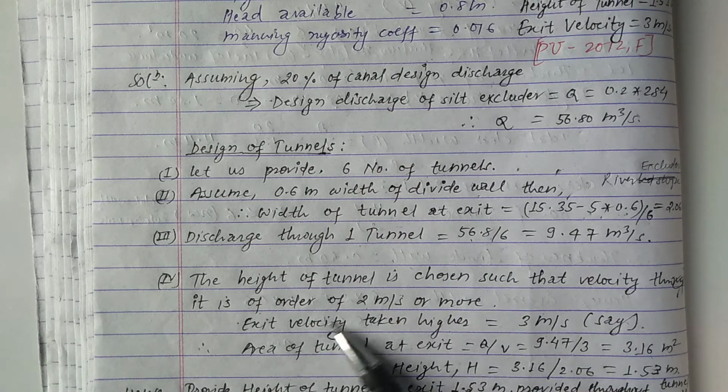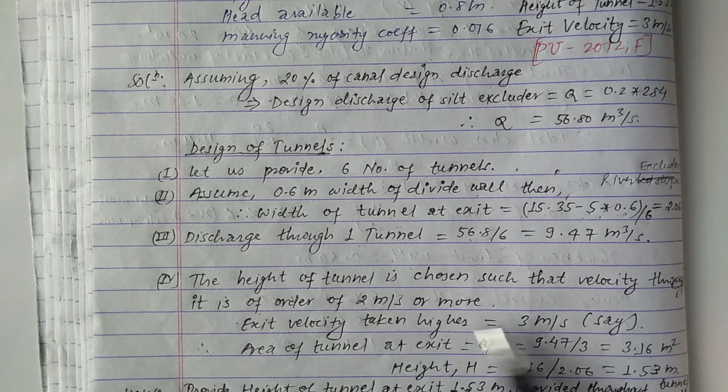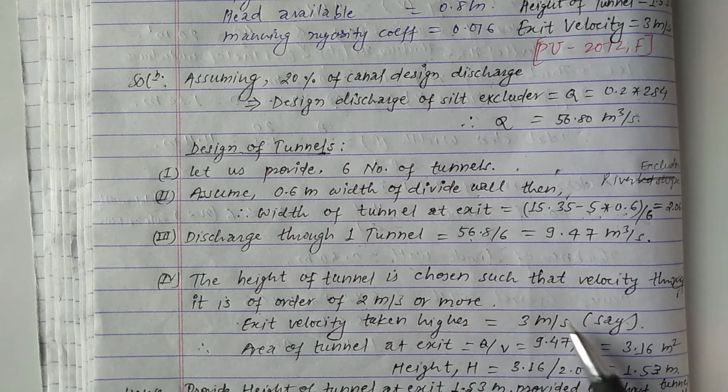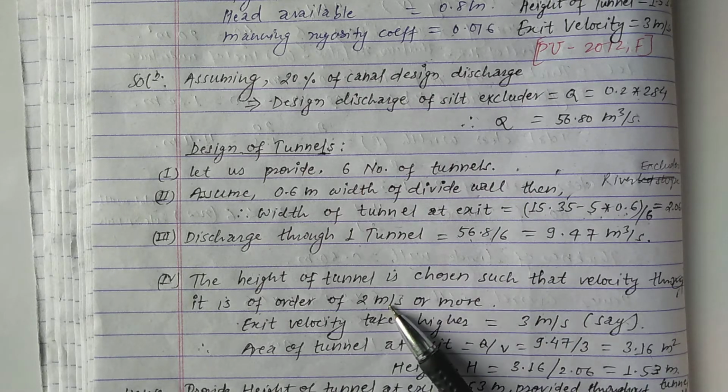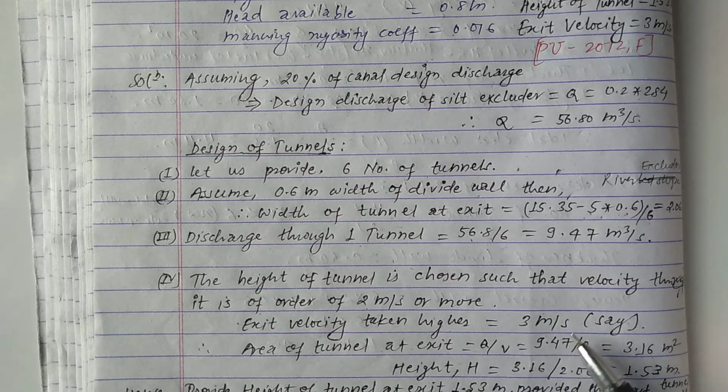For this, let us assume the exit velocity is taken higher than 2 meter per second. You can take a value higher than 2 meter, 2.53 or whatever you want. So let us assume 3 meter per second.